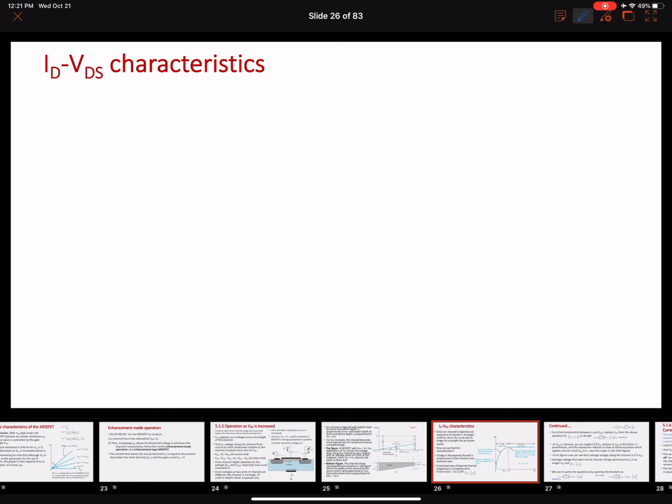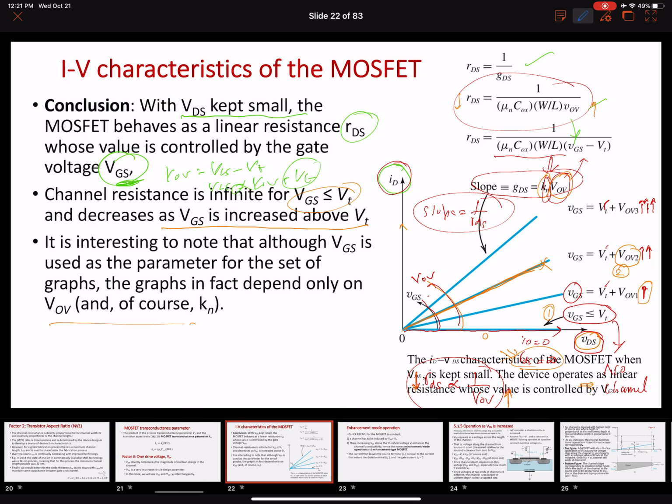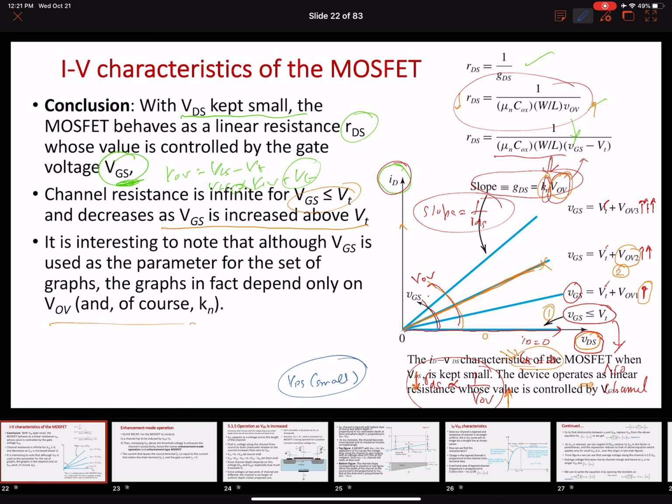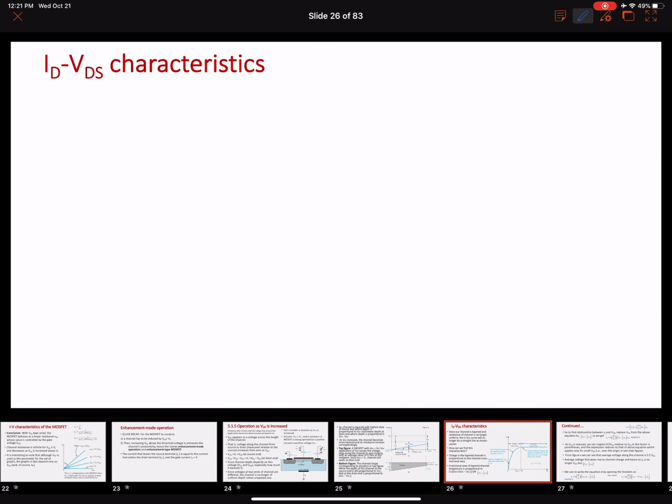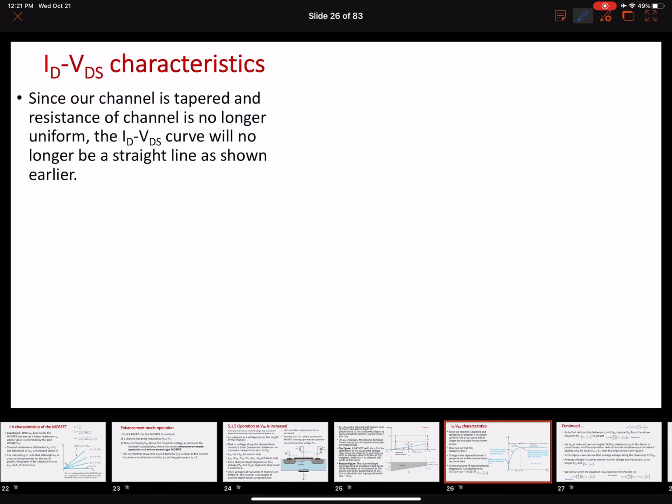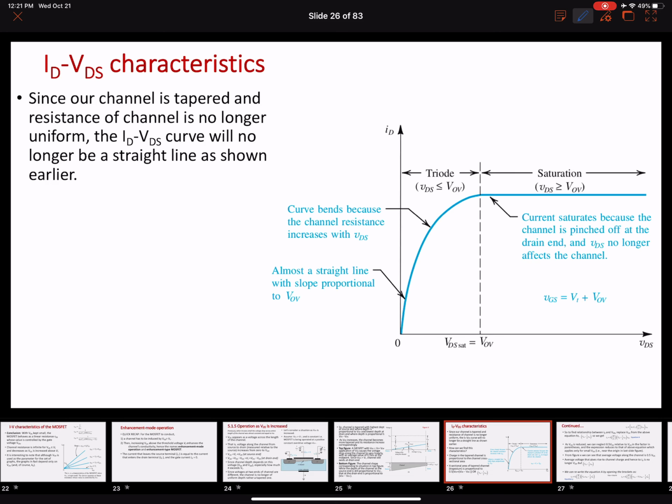Okay. So let's look at the IV characteristics again. Initially, we talked about these IV characteristics in which our VDS was small, our resistance was linear, and our channel was of uniform depth. However, now we have realized that as we increase the value of VDS, our channel will no longer remain uniform depth. It will become tapered, and this means that this initial linear plot no longer remains linear.